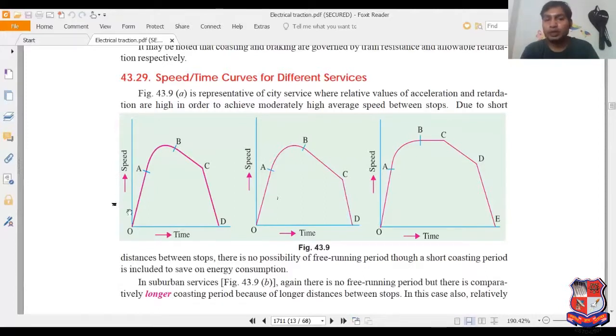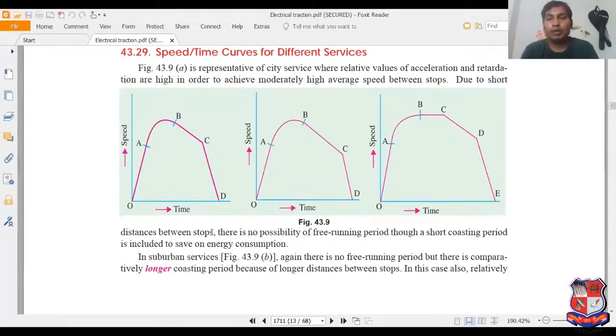Because on the y-axis we have speed, which is in kilometer per hour, and on the x-axis we have time, that is second. And if we take the area, that is the multiplication of both, you will find ultimately it is kilometer, or distance. So keep in mind, the area under the speed-time curve is distance.